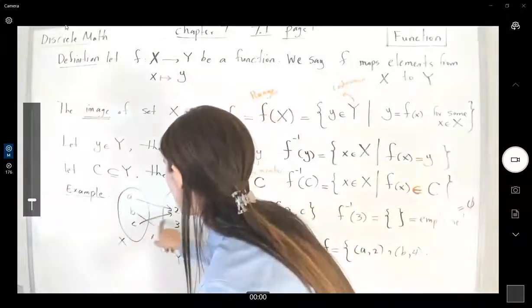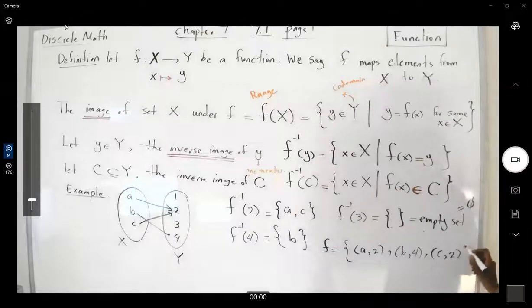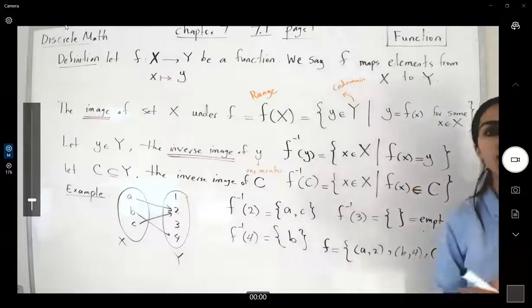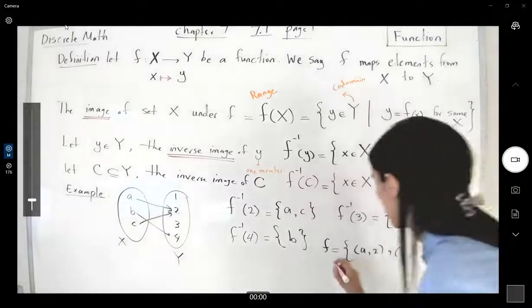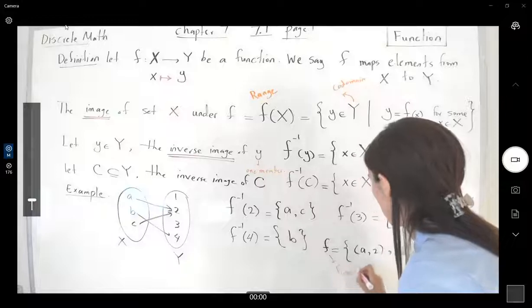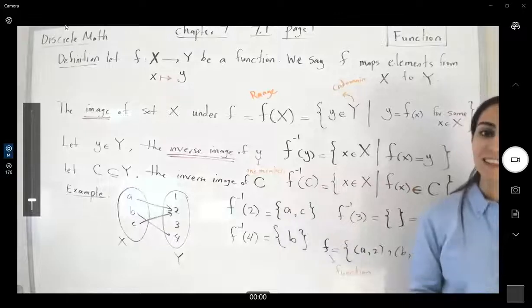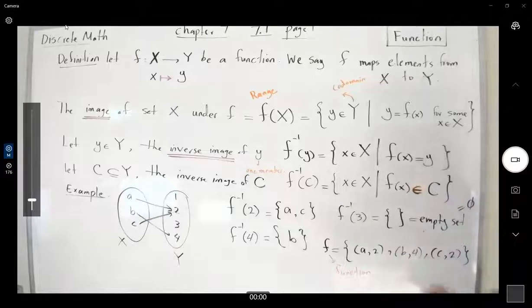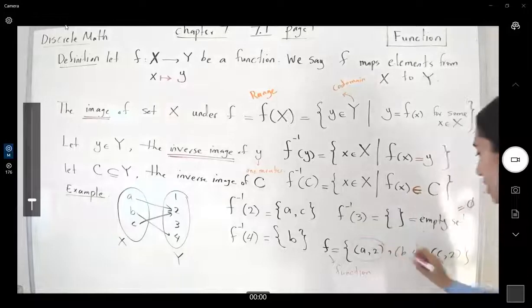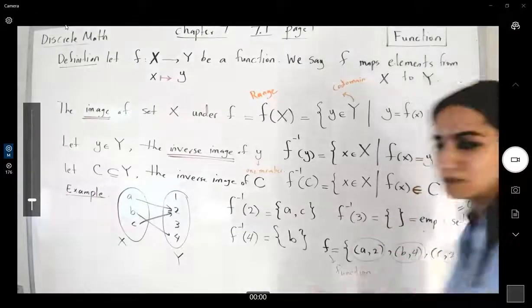The third pair is C, comma 2. This is how you write your function in ordered pairs. So this is my function. Remember that in chapter 1, we said any function is a relation that satisfies some conditions. So this is a function: the first ordered pair, the second ordered pair, and the third ordered pair.